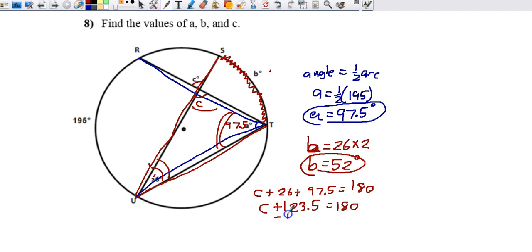So we want to subtract that from 180. And that's going to give you 56.5, I believe.